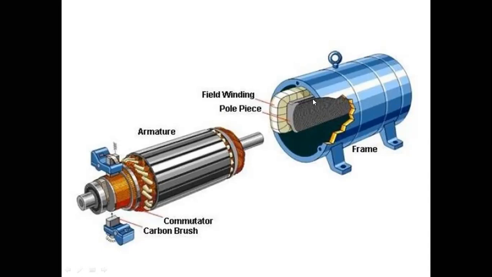After that, what we can see here, we are using the poles. Poles are nothing but also the stationary part of the DC machine. So we can say these are solid poles of fabricated steel. We can take these poles of fabricated steel which will work with separate or integral poles, because if you see the construction, we are using a number of poles that can be connected parallel with each other, because they are supposed to create the EMF.